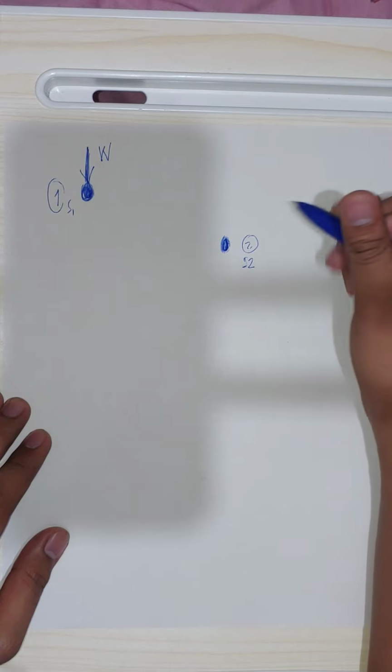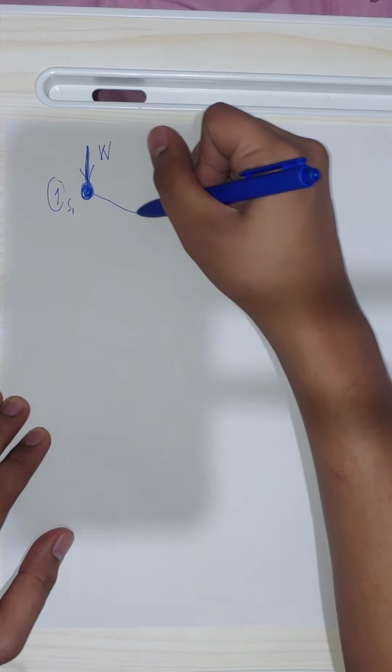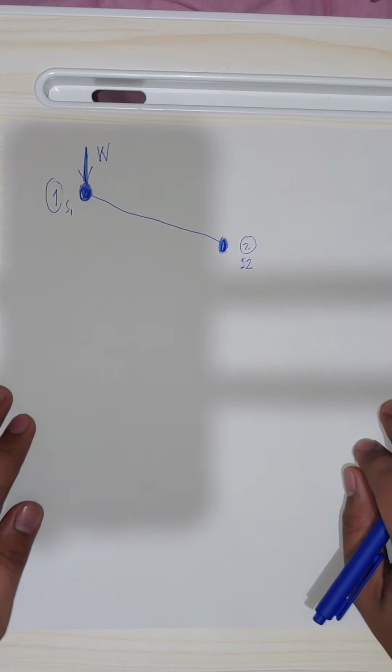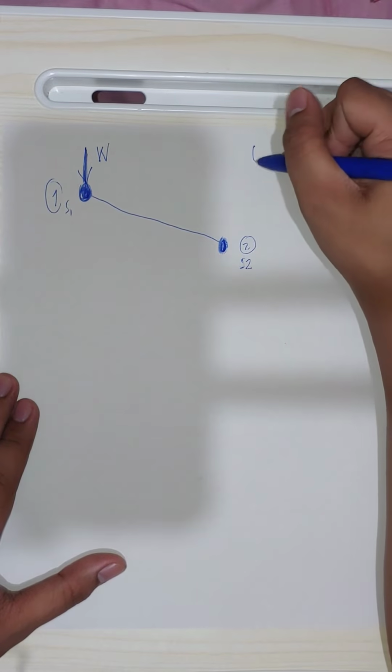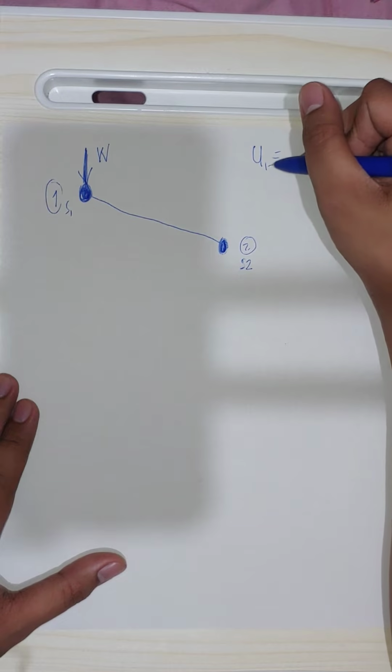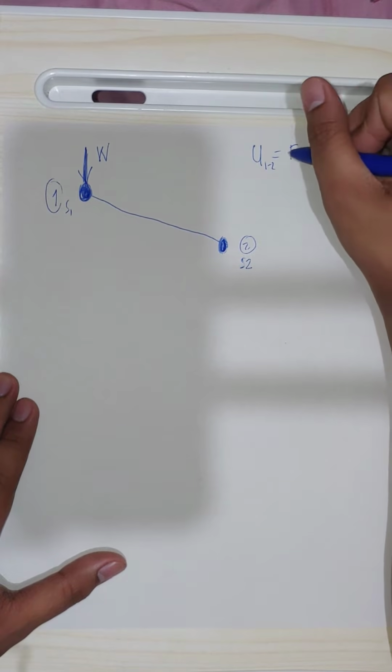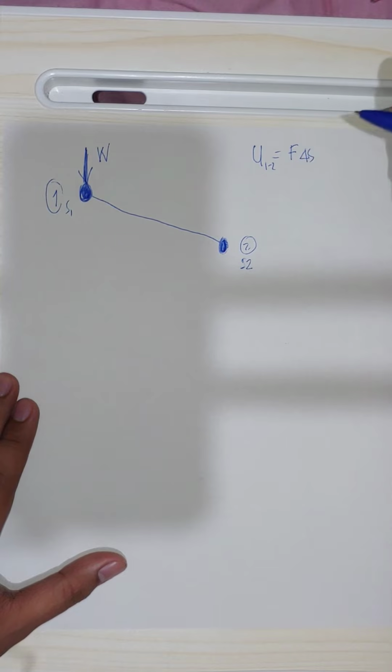This is the second position. So we have this movement of the particle. Again, the formula: work U from first to its final position is just equal to the force times the displacement.